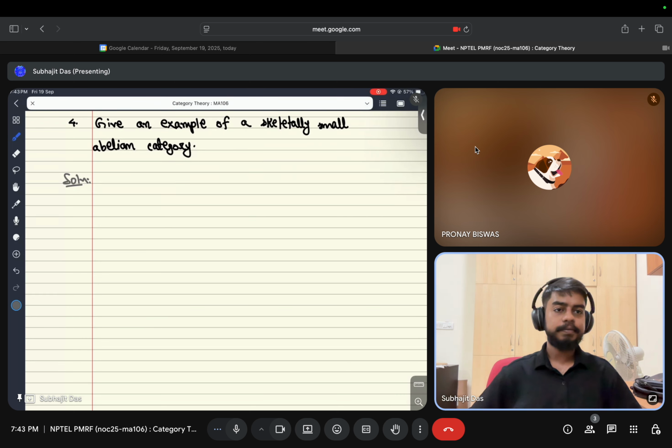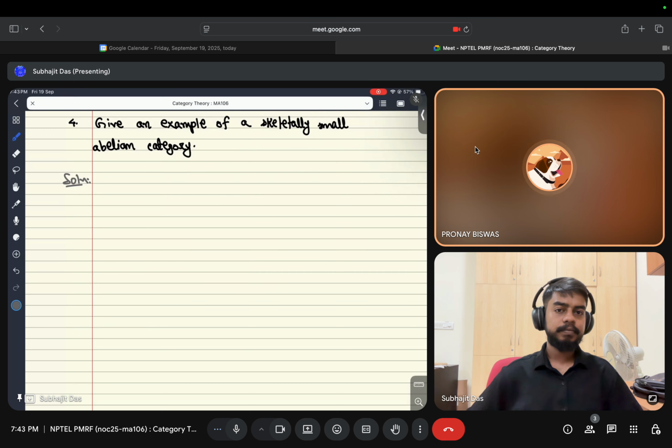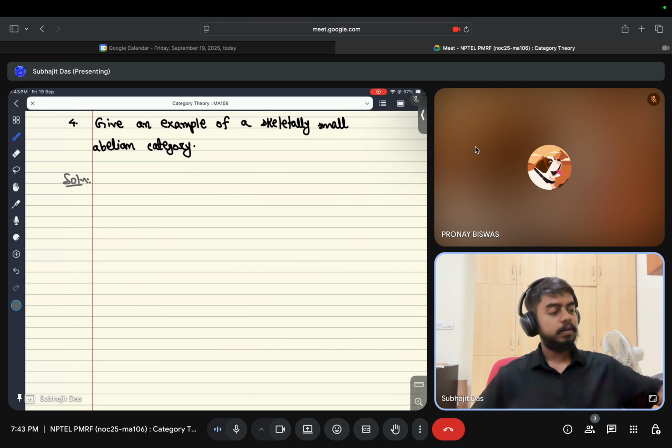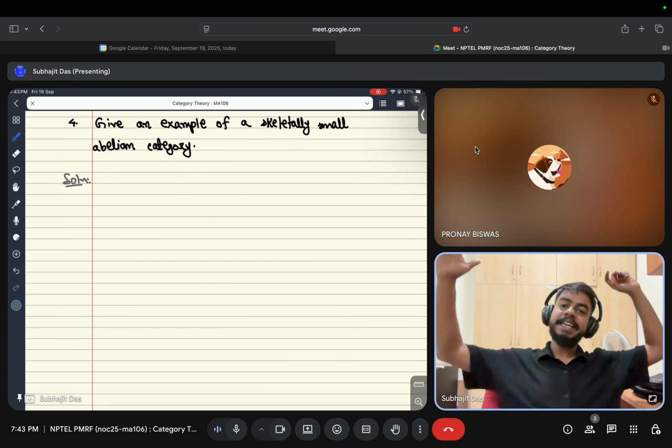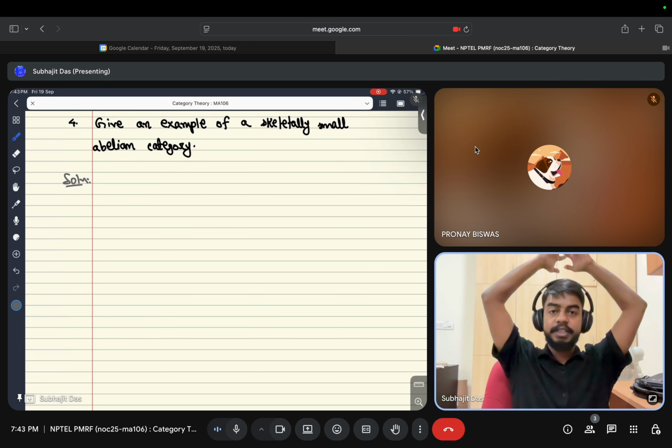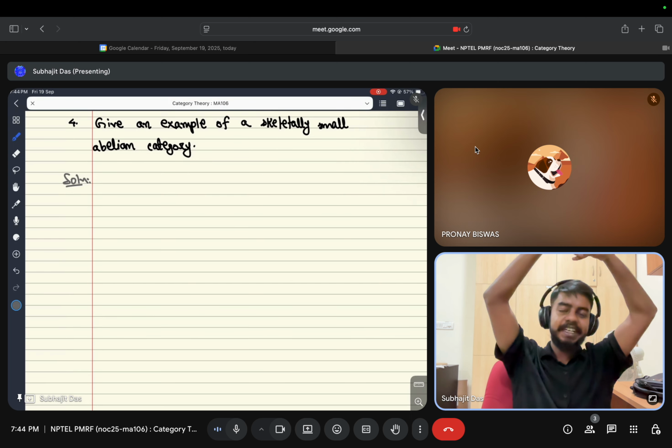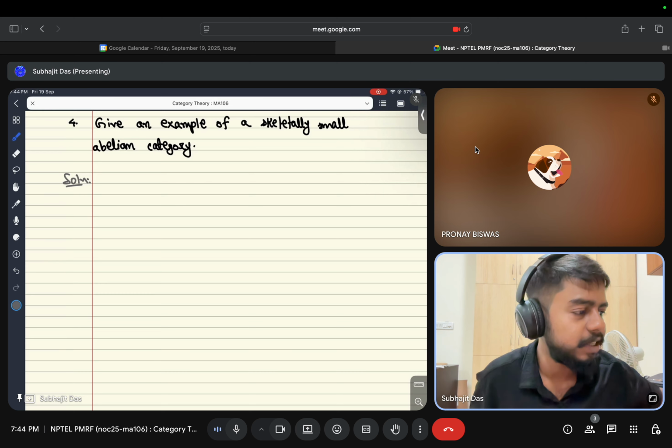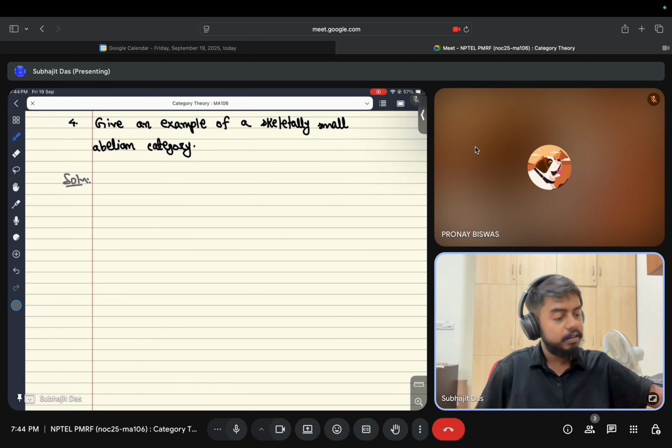Is this okay? So a skeletally small category is a category which has a small skeleton, or which is equivalent to a small category. Any category is equivalent to a skeleton of it.